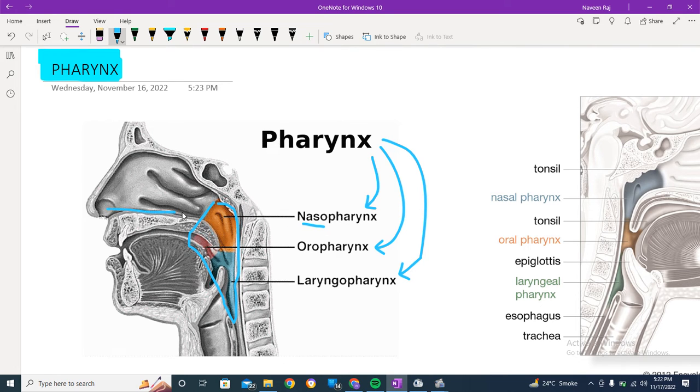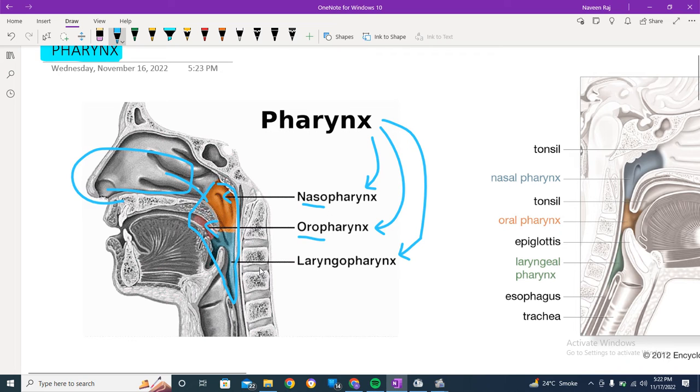This is the nasal cavity region, and this part becomes the nasopharynx. The oropharynx is the part that leads from the buccal cavity and goes downward toward the esophagus. Oral means mouth, so this is the oral pharynx or oropharynx, the red part over here.